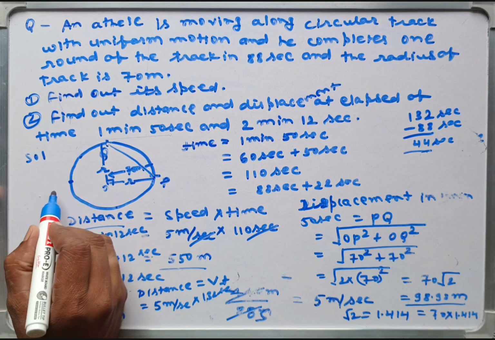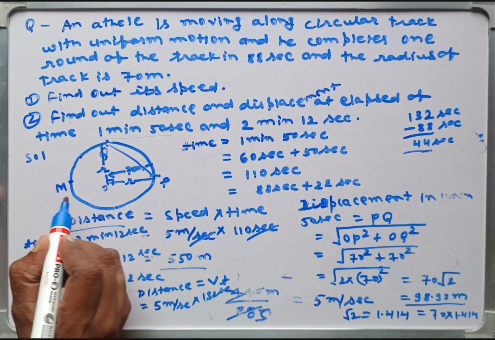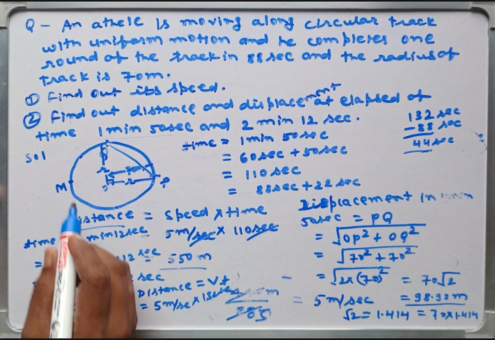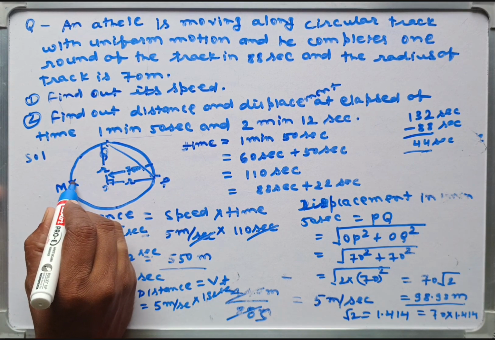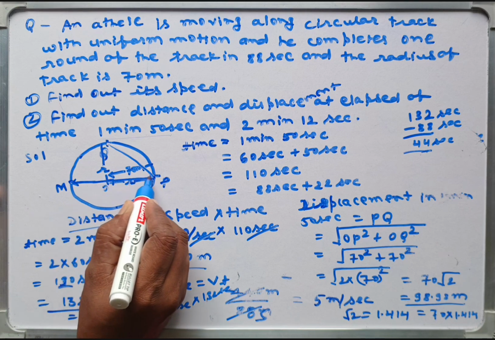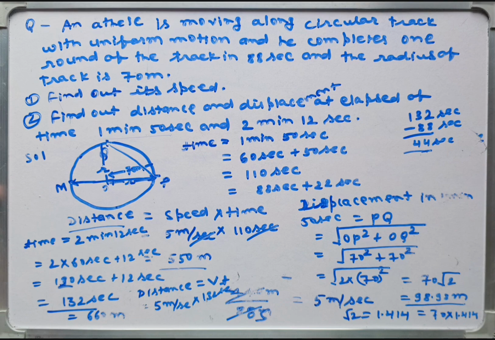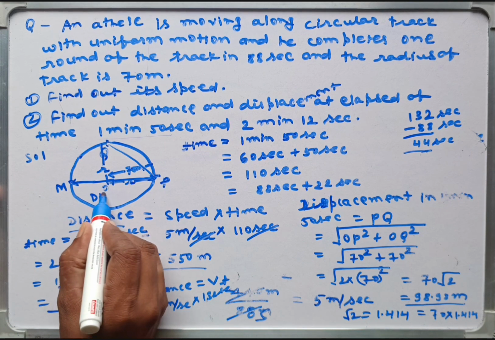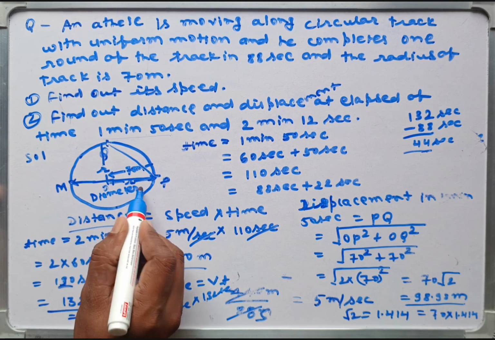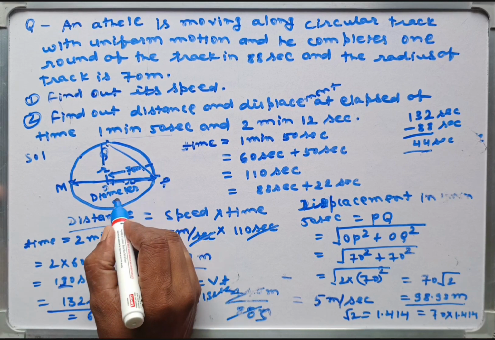If this point is say M, so here to here shortest distance is what? You can say, sir, this one is a diameter of the circle.